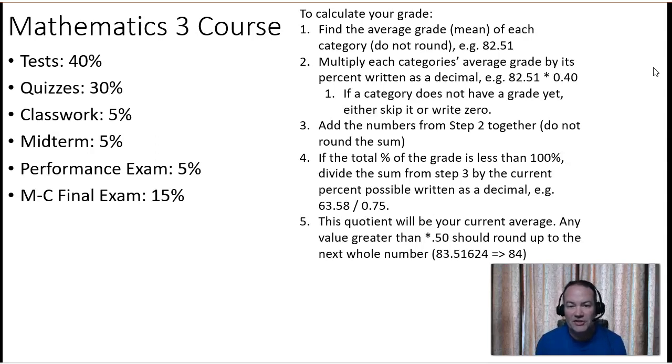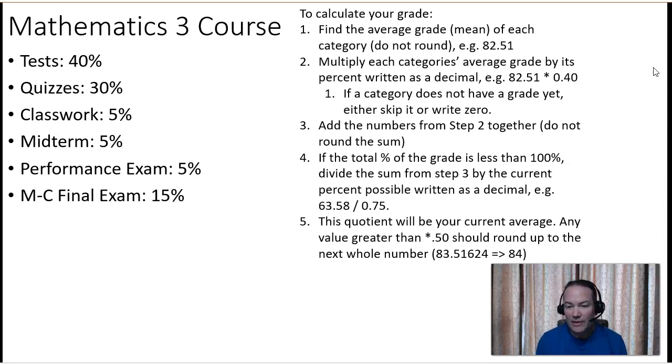So what you would do, let's say you added together everything from step 3 and you got 63.58. Well, since only 75% of your grade is possible, and where am I getting that? Tests are 40%, quizzes are 30%, classwork is 5%. That's a total of 75% of your grade. You would take that 63.58 and divide it by 0.75. Once you get that quotient, that will be your current class average as listed in the system.